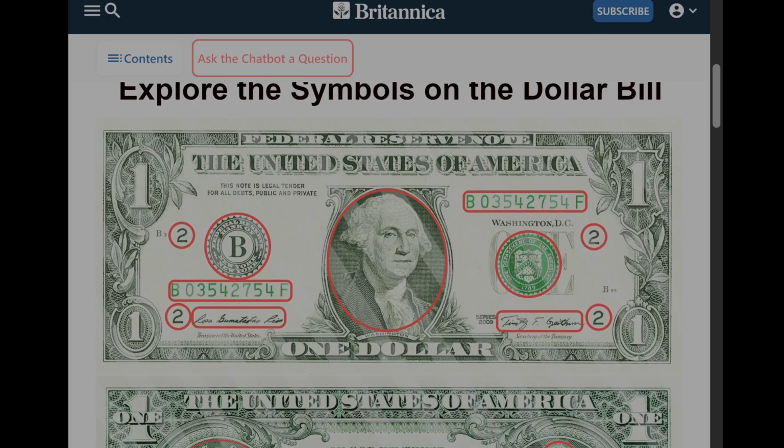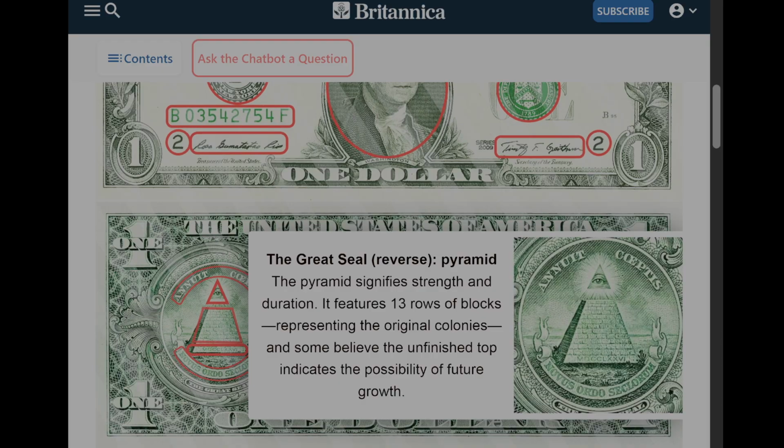But this stuff on the bill, I just want to share this. This is devil worshiping stuff. And just so you know, some of it's stuff, like when they were talking about this, they didn't know. They were assuming it probably means this. Like for, what was it? The pyramid right here. Here we go. And some believe the unfinished top indicates the possibility of future growth.